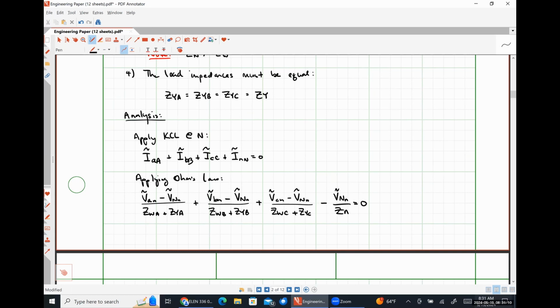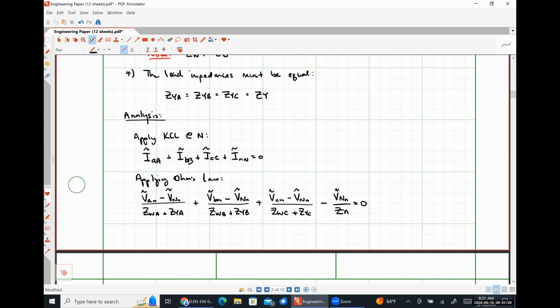So we have effectively applied Ohm's law or Kirchhoff's voltage law. They're kind of the same thing, in order to express our four currents in terms of those voltages in our system. Okay.